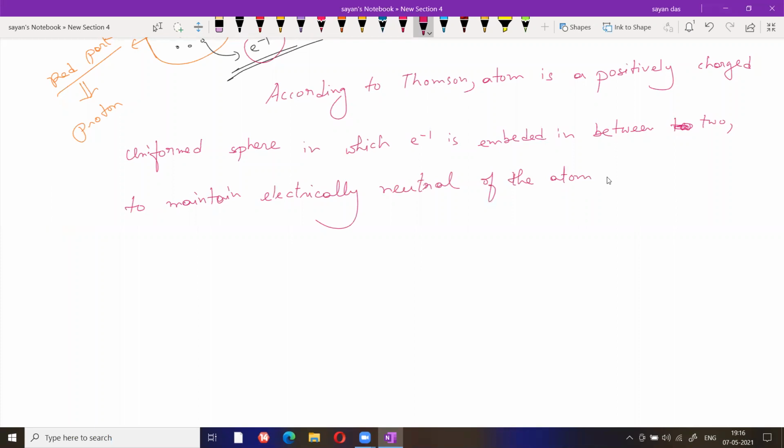It is also known as Thomson's watermelon model or Thomson's plum pudding model.